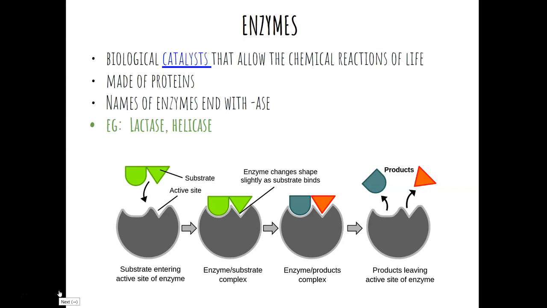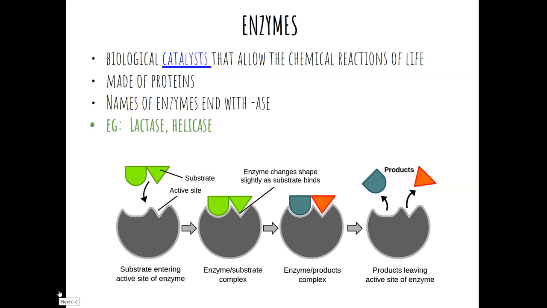An enzyme has a three-dimensional shape, and that three-dimensional shape allows a substrate, or the chemical that it will be acting on, to bond to the active site. They fit like a lock and a key into that active site. Once the substrate has bonded to the active site of the enzyme, they form an enzyme-substrate complex, and the enzyme-substrate complex flexes itself ever so slightly and changes shape.